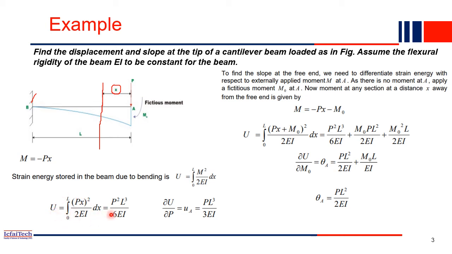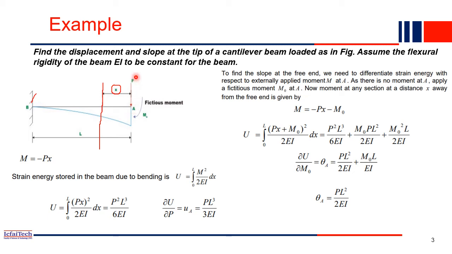Now what does Castigliano's first theorem tell us? If you take the partial derivative of the strain energy with respect to the load at that point, you will get the deflection there. This is the total strain energy. Our question asks for the slope and deflection at the tip, so the total strain energy has to be derived with respect to the force at that point.